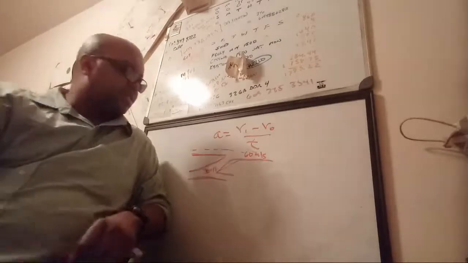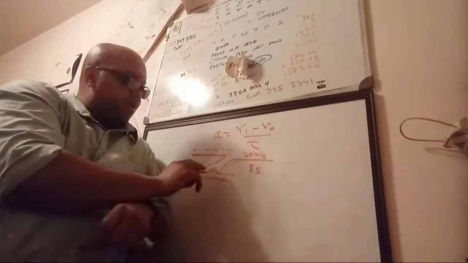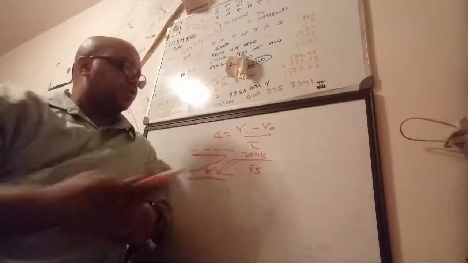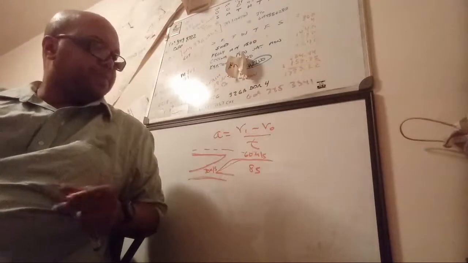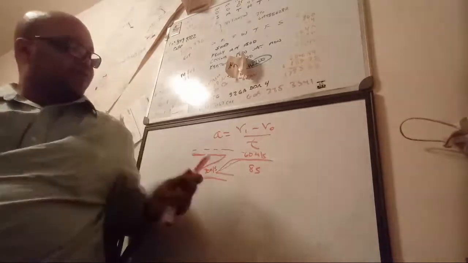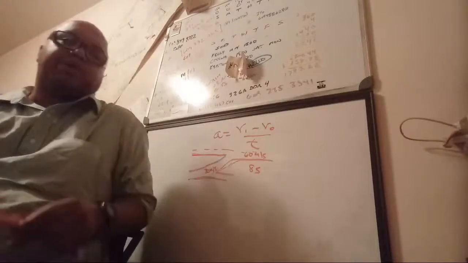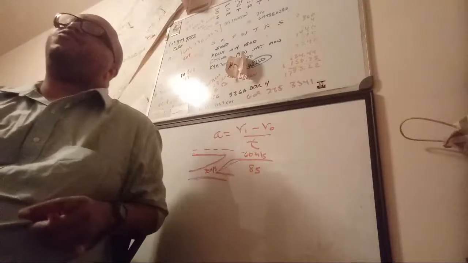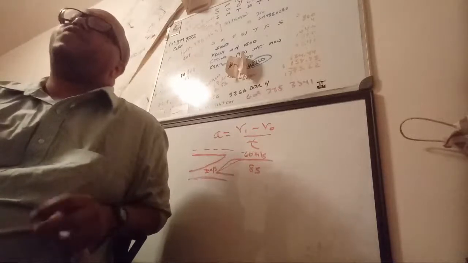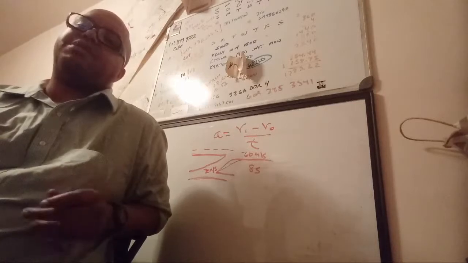Let's say it takes you 8 seconds to accelerate from 30 to 60 meters per second. So we have our initial speed, our final speed, and the time we took to accelerate. And we have the acceleration formula above us, which states final speed minus initial speed divided by time in seconds.